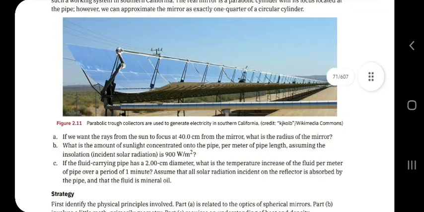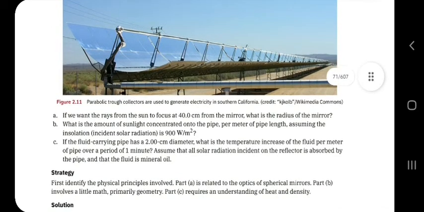B: what is the amount of sunlight concentrated onto the pipe per meter of pipe length, assuming the insolation, or incident solar radiation, is 900 watts per meter squared? And letter C: if the fluid-carrying pipe has a 2 cm diameter, what is the temperature increase of the fluid per meter of pipe over a period of 1 minute? Assume that all solar radiation incident on the reflector is absorbed by the pipe and that the fluid is mineral oil.